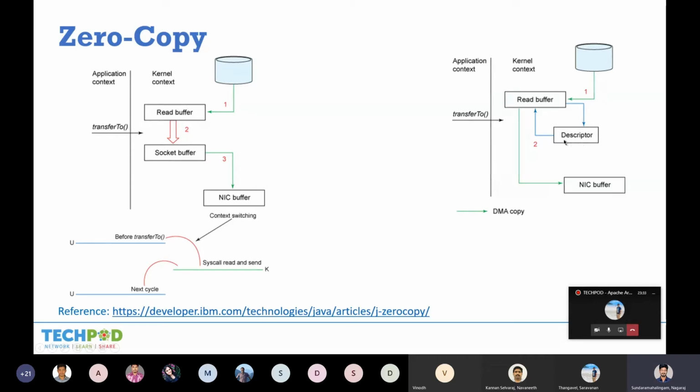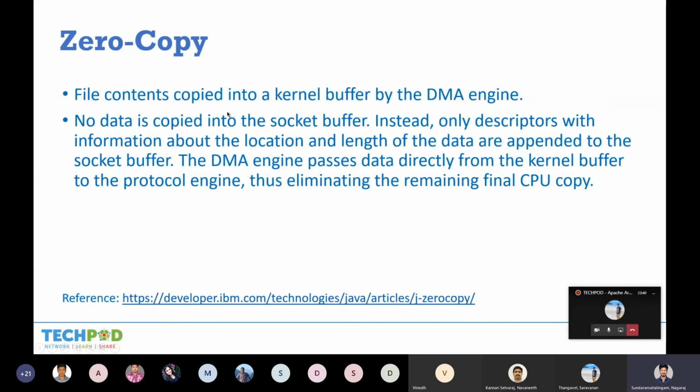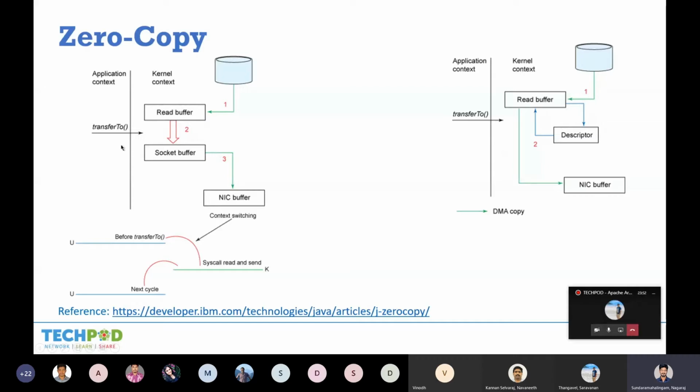That's what this descriptor is for, it has information about your destination. You read the content from your source and this descriptor has information about the destination. So there is no need of any intermediate things. You can directly push the data from source to destination. There is only one place where data is available, that's the read buffer.